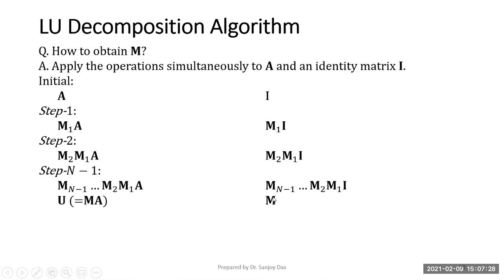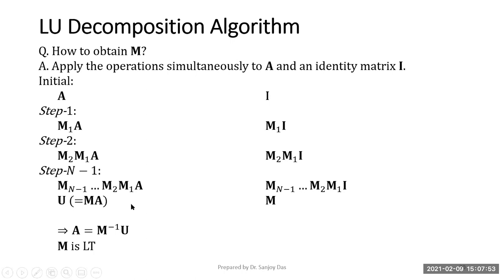And what is M? M is a lower triangular matrix. Now, since U equals MA, A equals M inverse U, correct? Yes. And M is a lower triangular matrix.